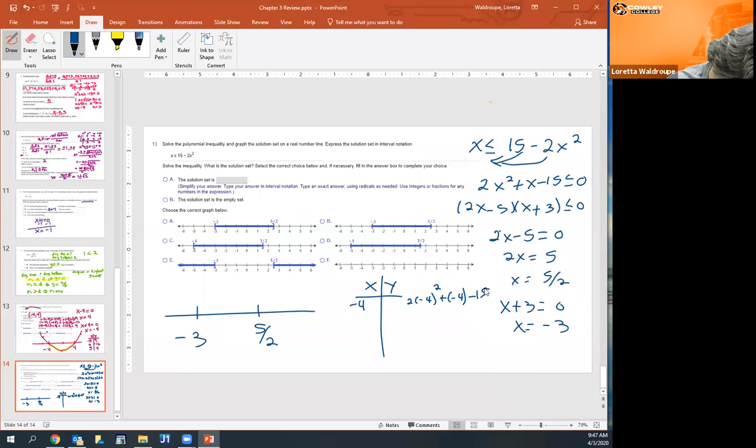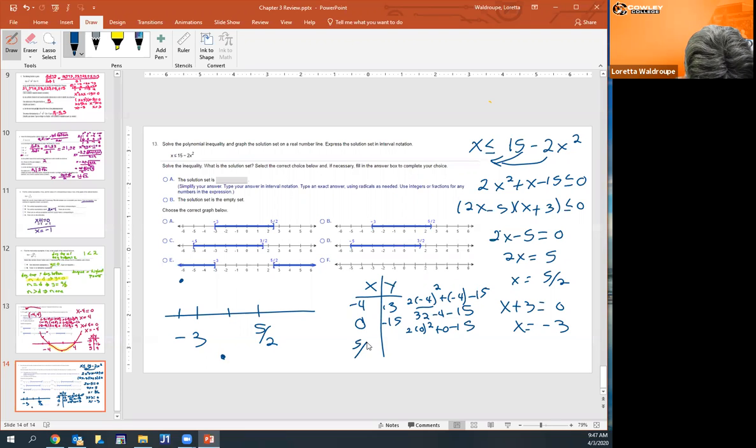So that's going to be 16. And 2 times 16 is 32 minus 4 minus 15. So 32 minus 4 is 28. So I get a +13. So at -4, I'm up above. What if I put a 0? Well, that one's easy because it's 2 times 0 squared, which is 0, plus 0 minus 15. So that's a -15. So at 0, I'm down below.